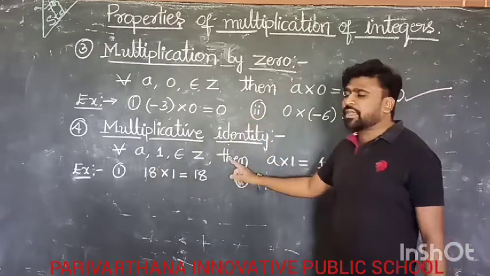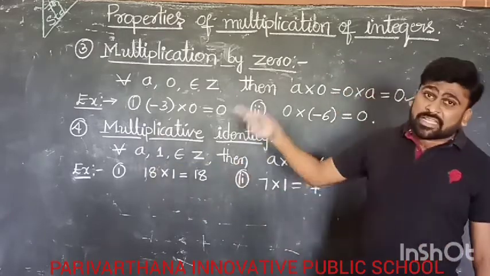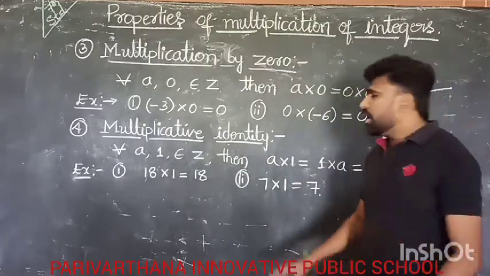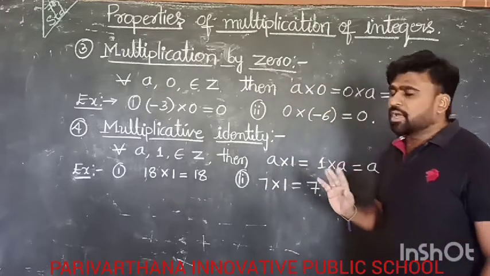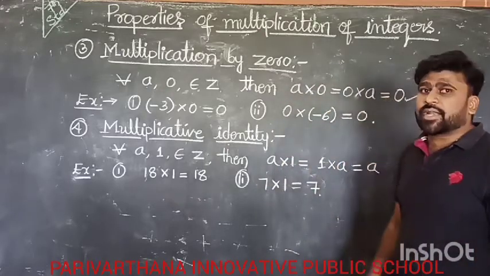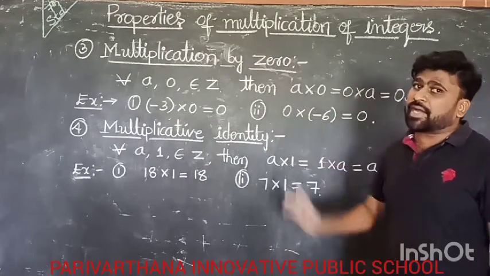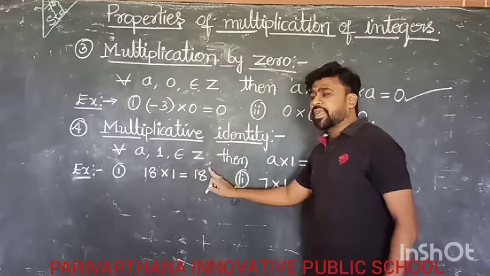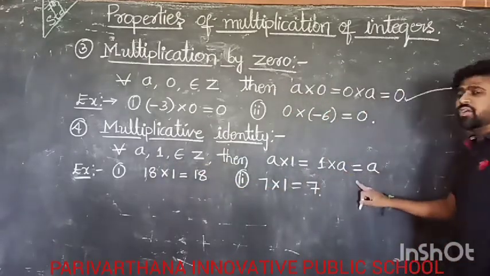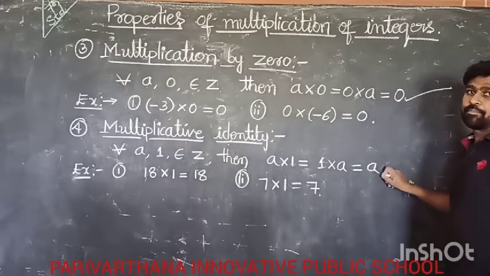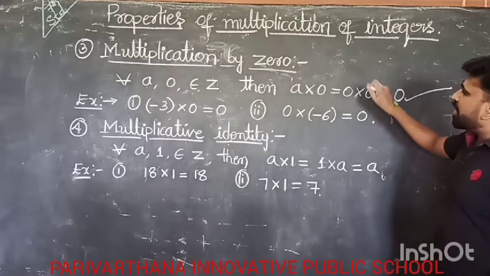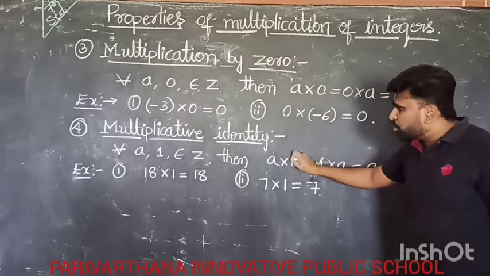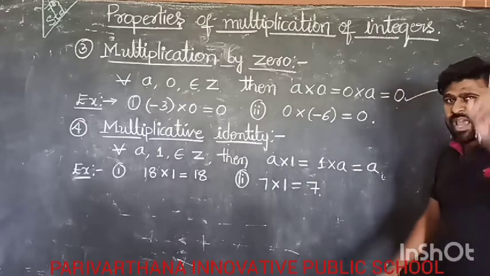But regarding multiplication, if you multiply any number with 1, the answer is the same. 1 is the multiplicative identity and 0 is the additive identity. Here a, 1 belong to Z, and a into 1 or 1 into a is always a. If you multiply any number with 0, the answer is 0. If you multiply any number with 1, the answer is always the same number.